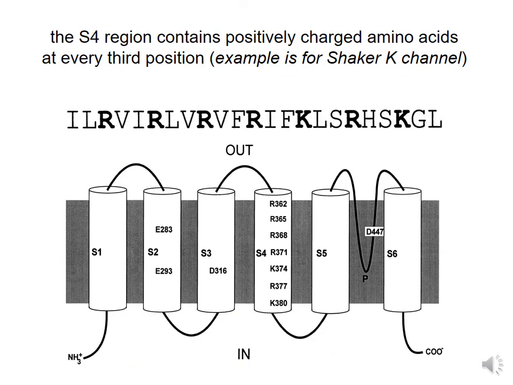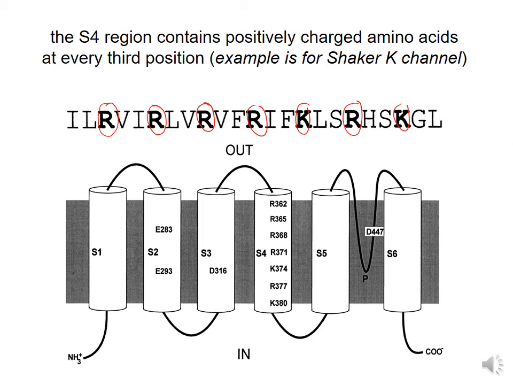So if you look at the sequence of the S4 region or S4 domain of a Shaker potassium channel, you can see the existence of these positively charged amino acids, in this case arginine, arginine, arginine, arginine, lysine, arginine, lysine, that repeat at every 4 residues.